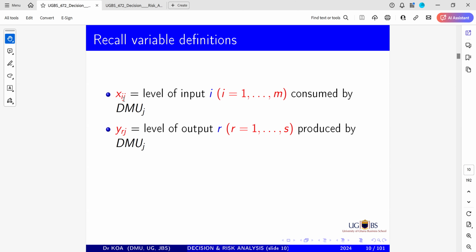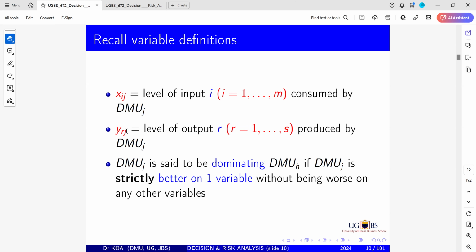And so R will be 1 to 6. So each R can be an output. The J is the number of DMUs. The Y is the output. So the YRJ is the level of output R that is produced by DMU J, a particular DMU.